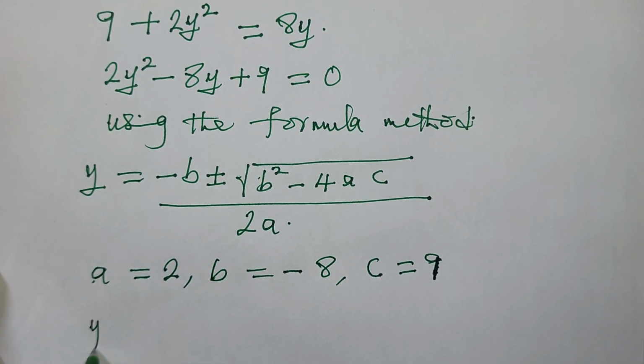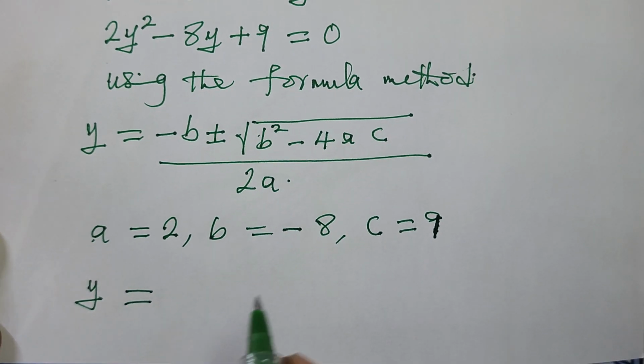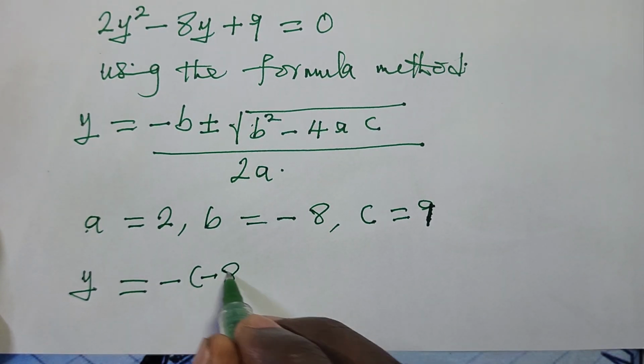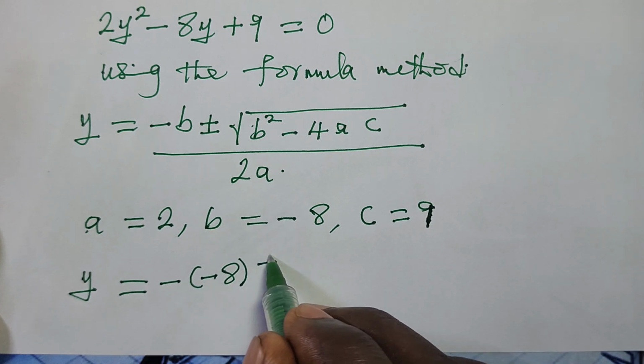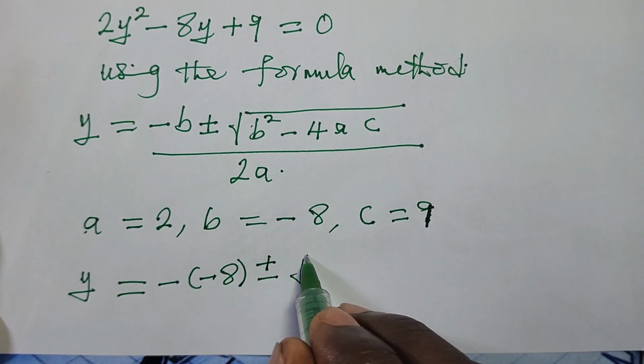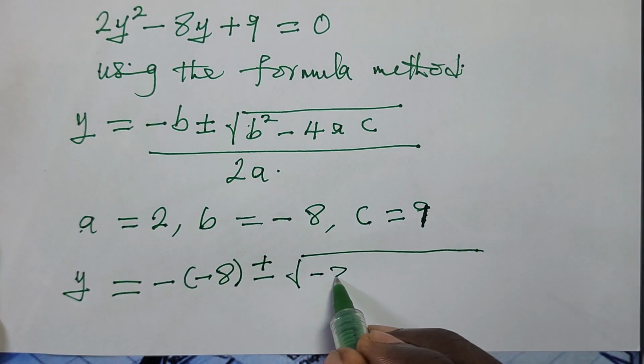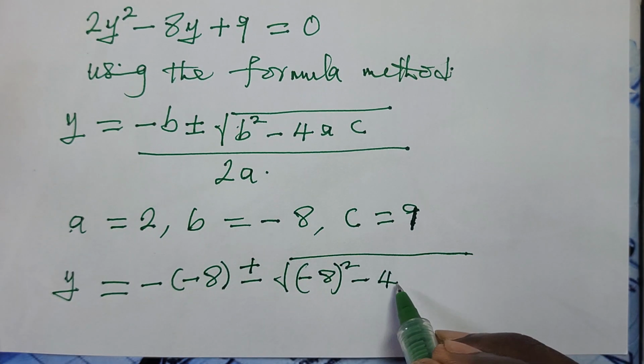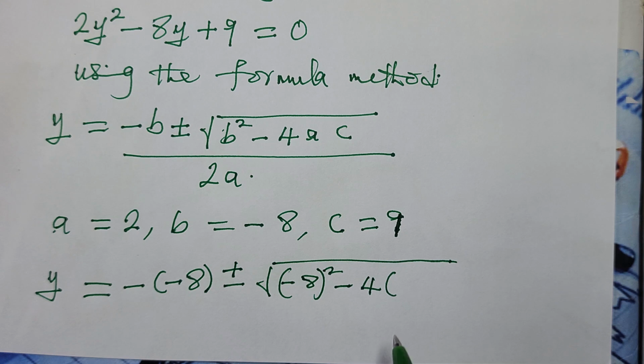Substituting, y will now be equal to minus, bracket minus 8 close bracket, plus or minus the square root of minus 8 all to the power of 2, minus 4 into, what is our a?